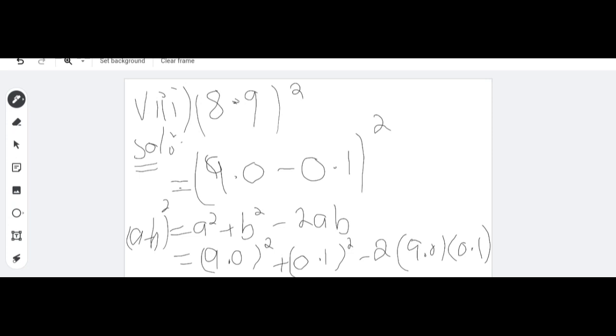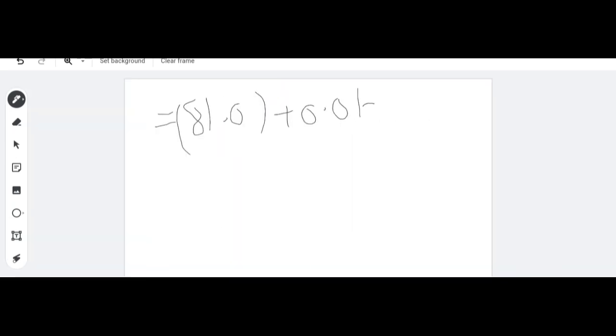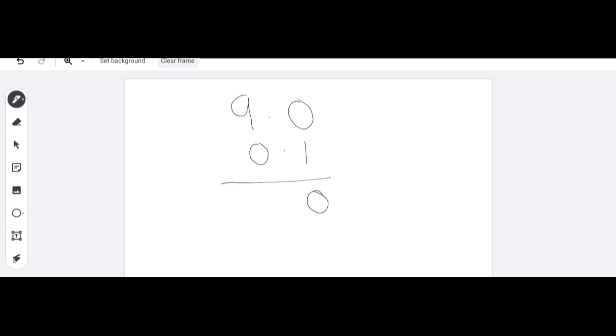First I will solve 9.0 with 0.1. 9.0, 0.1. 1 zeros are 0, 1 nines are 9. Cross zeros are 0, 0 nines are 0.